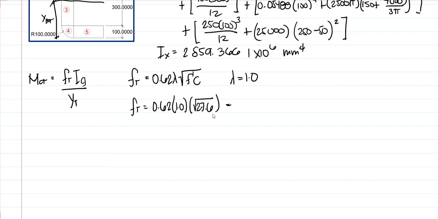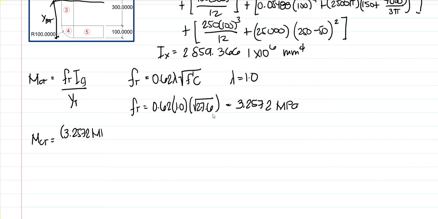So, that will be 3.2572. That is in megapascals. So, yan ngayon yung modulus of rupture natin. So, we are now ready to compute for the cracking moment. So, our cracking moment will be equivalent to 3.2572 megapascals.